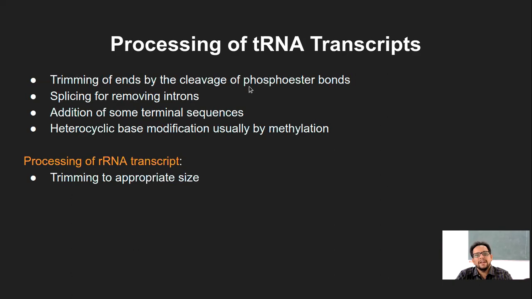Trimming of the ends, in the sense that tRNA has a specific requirement for its 5' end and 3' end: the 3' end has its hydroxyl group, and the 5' end has its phosphate group. Because they are in continuous chains with the other RNA transcript, this trimming of the ends, especially at the phosphodiester bond or phosphoester bond, has to happen.